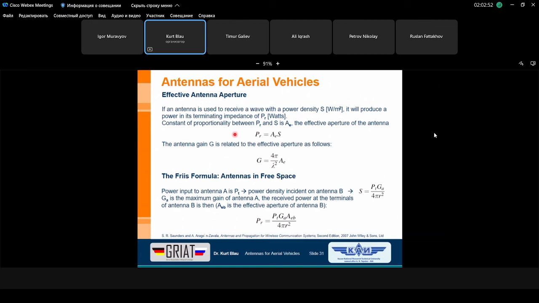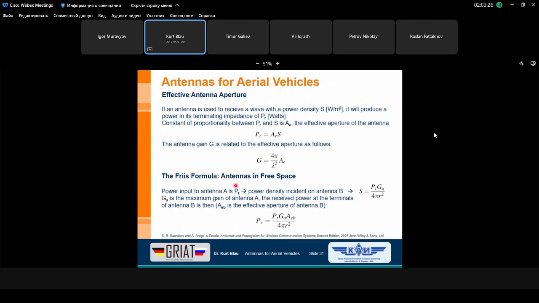This is related in this formula to the antenna gain: G equals 4π divided by the square of the wavelength, multiplied by the effective aperture of the antenna. And if we use this approach, then we can develop the so-called Friis formula.